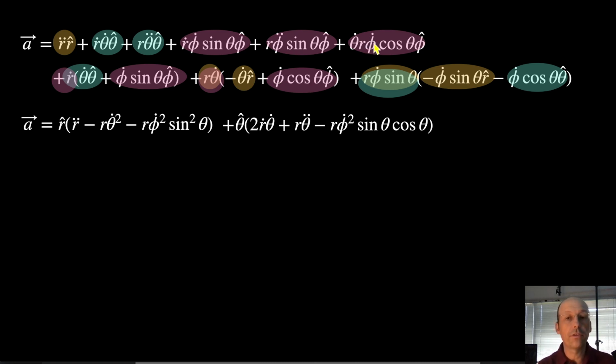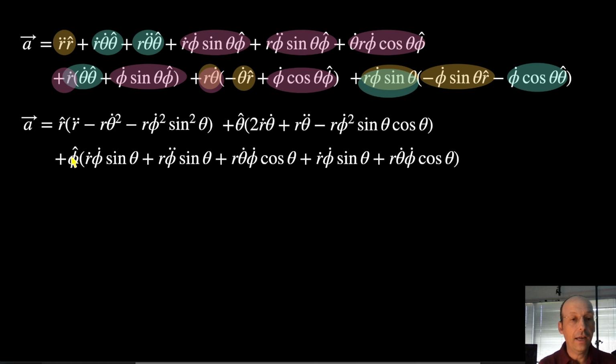So they both double up, and I get phi hat plus r dot phi dot sine theta, r phi double dot sine theta. I didn't combine the terms together yet.